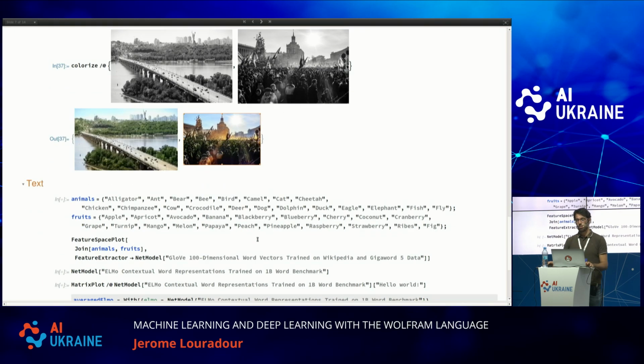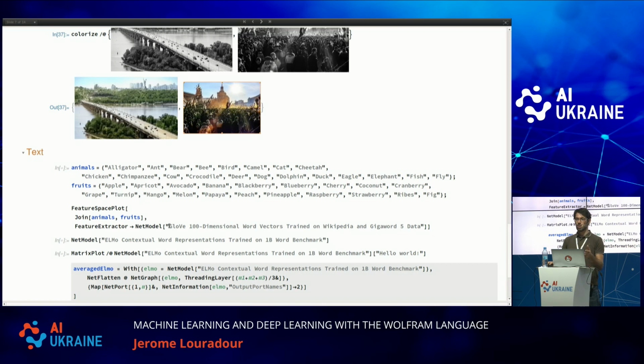For text also, one of the most interesting things for transfer learning in text are word embeddings. So, for example, the GloVe models, Word2vec, this kind of stuff. To demo this, for example, I define two lists of words, one corresponding to animals and one to fruits.